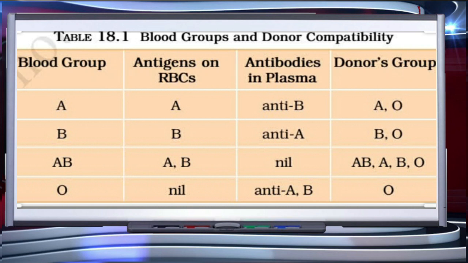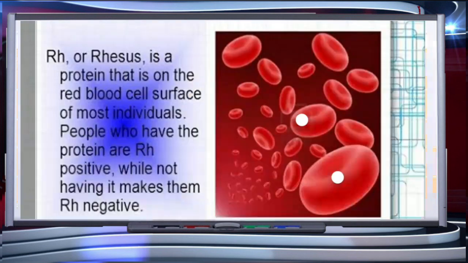The donor's compatibility is shown in this slide, and you can understand that group O blood can be donated to persons with any other blood group, and hence O group individuals are called universal donors. Persons with AB group can accept blood from persons with AB group as well as the other groups of blood. Therefore, such persons are called universal recipients.